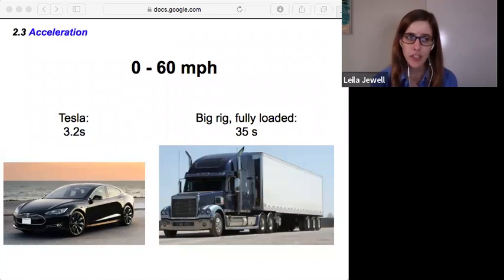It just can't get going fast very fast. In other words, it can't accelerate as quickly. The Tesla has a much larger acceleration that it can change its velocity in a much smaller time interval. So they have the same change in velocity, but Tesla is able to do it in a smaller time interval, which is a lot more acceleration.